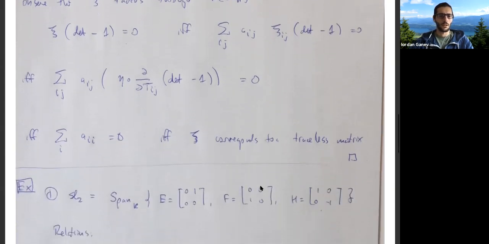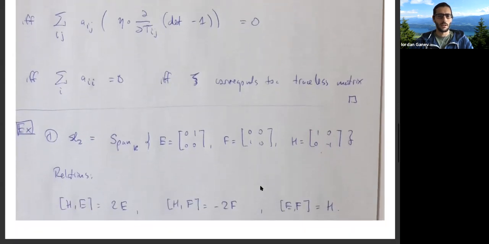Right, so in particular, the Lie algebra of SL2 is traceless 2x2 matrices. It's three-dimensional, and we can write a basis for this vector space in terms of the following matrices. So any traceless matrix is a linear combination of these three matrices in a unique way.